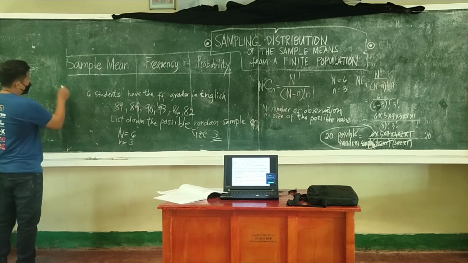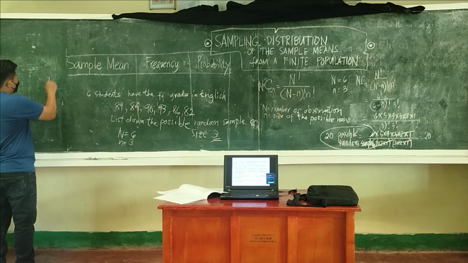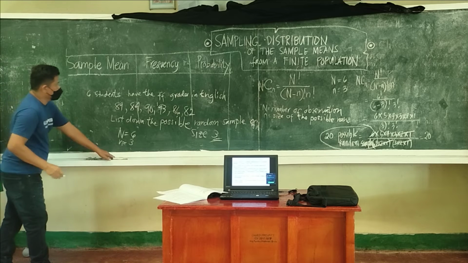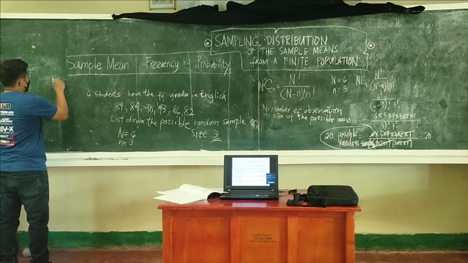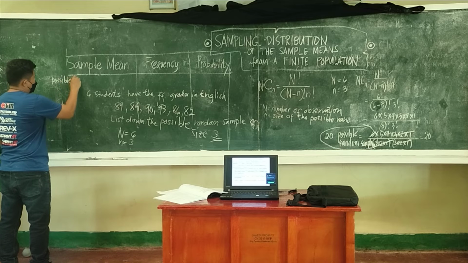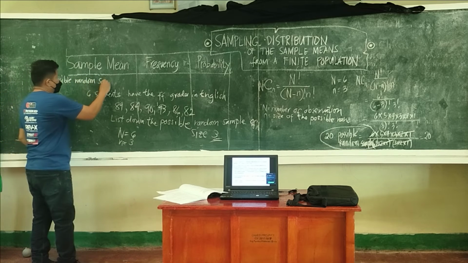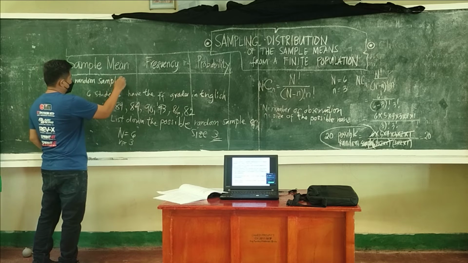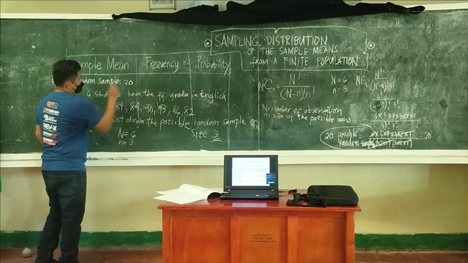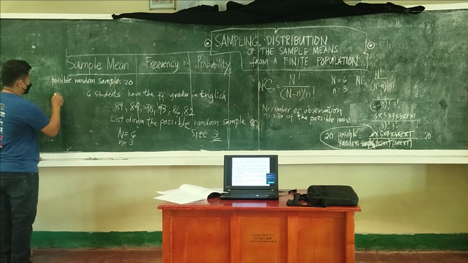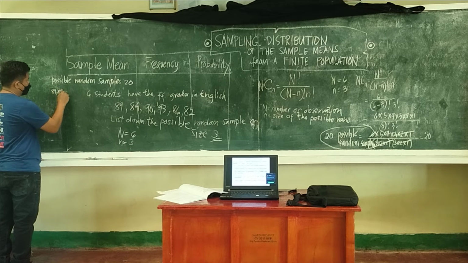So we are going to get the possible random samples. We all know that the result is 20. So let's start. We have 89, 84, 90.